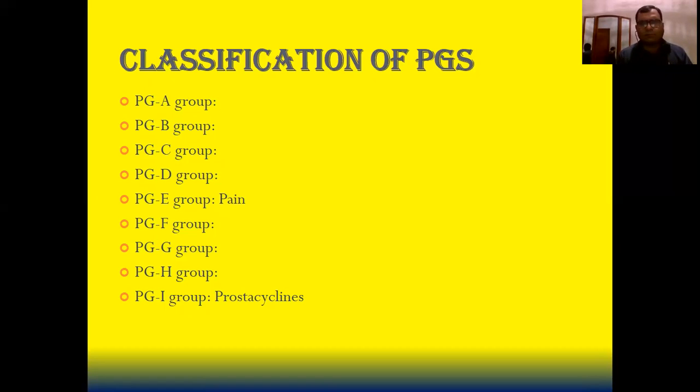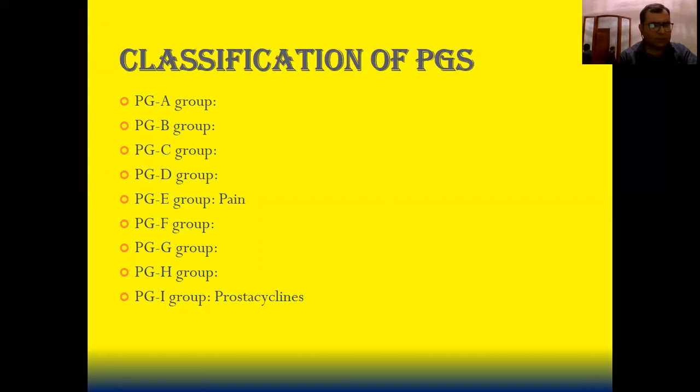Mainly, all of them have different effects on body tissue. Prostaglandin A causes platelet aggregation and vasoconstriction. Prostaglandin B causes vasoconstriction, and prostaglandin C has a similar effect.